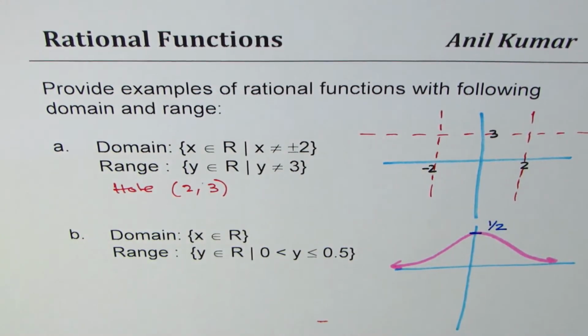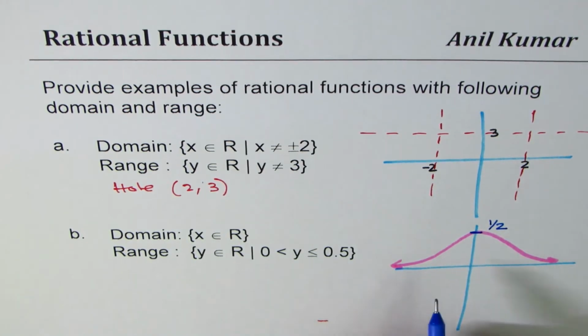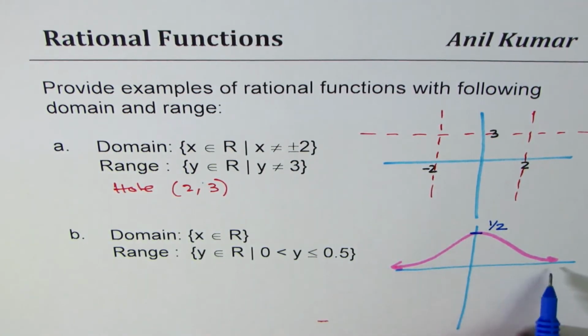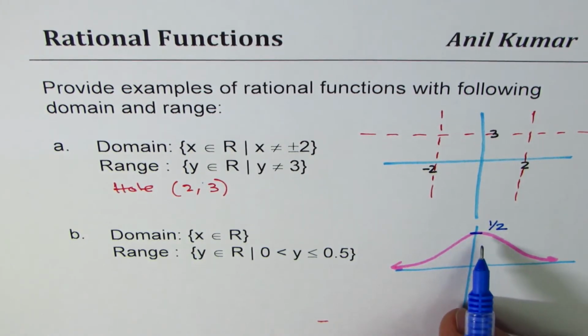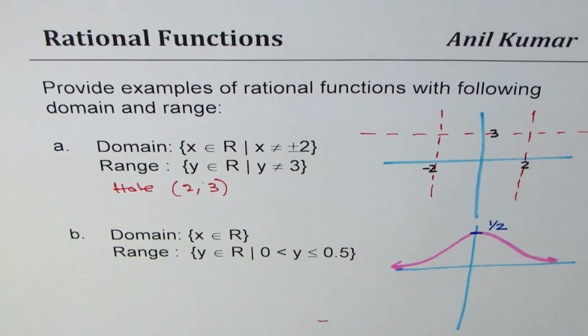The maximum value is half, correct? So that could be a function where you can see that the domain is all real numbers, but the range is restricted, right? Now you can pause the video, answer this question, and then look into my suggestions.